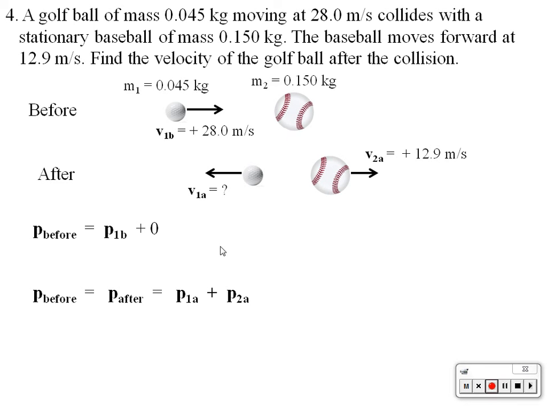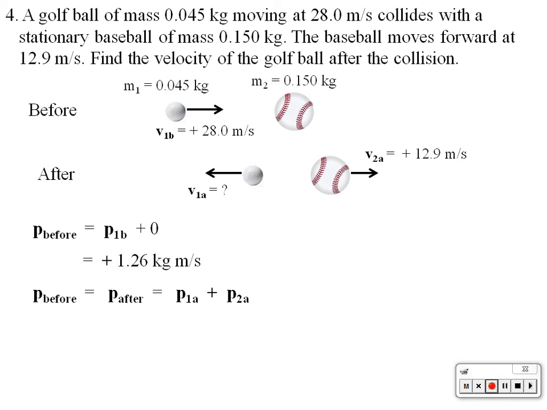Now, those of you who like to do this by calculating the numbers as we go, just pause this for a moment and find the momentum before the collision. That is, find P before. And you can get that by finding the momentum of the golf ball. So pause that, and then I'll show you the answer in a moment.